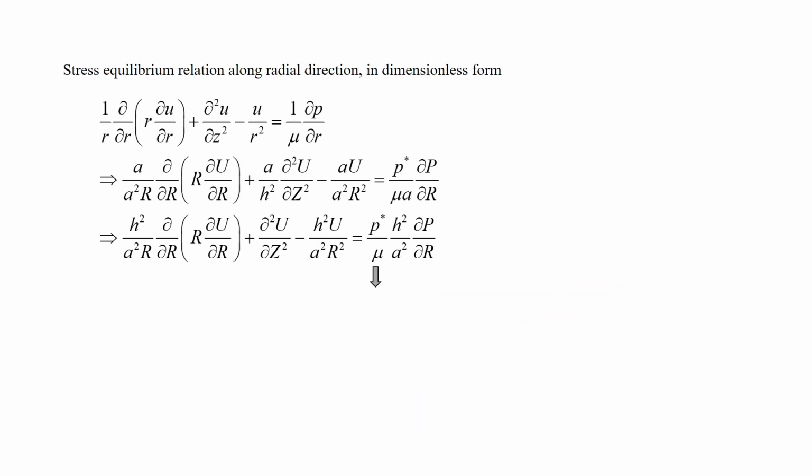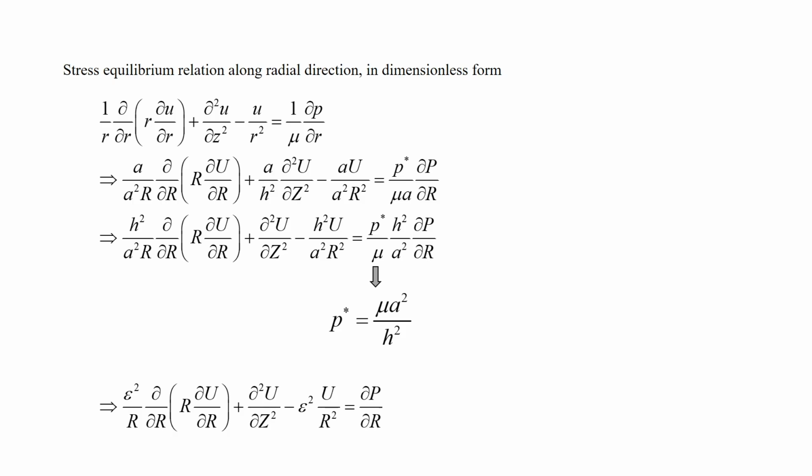The h is in the z direction and a is in the r direction, and p star is as usual mu by epsilon square, where epsilon square is h by a whole square. We have already done similar things, so I am not going to repeat it here. Finally, we get the stress equilibrium relation for the r direction something like this.